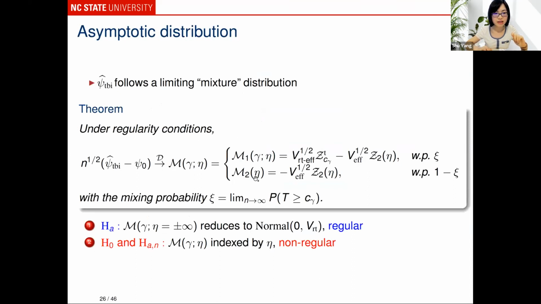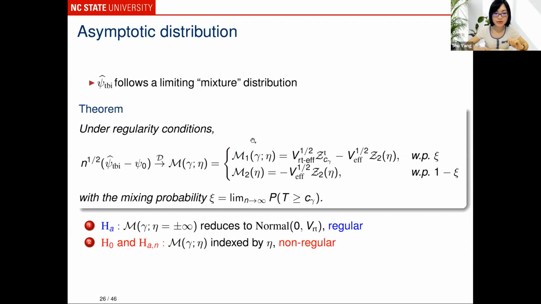And here is a general result. Under regularity conditions, we can show that the TBI estimator converges in distribution to a mixture distribution. Here is each mixing component, and here you can see the mixing probability. One is a normal and the other one is a non-normal distribution.